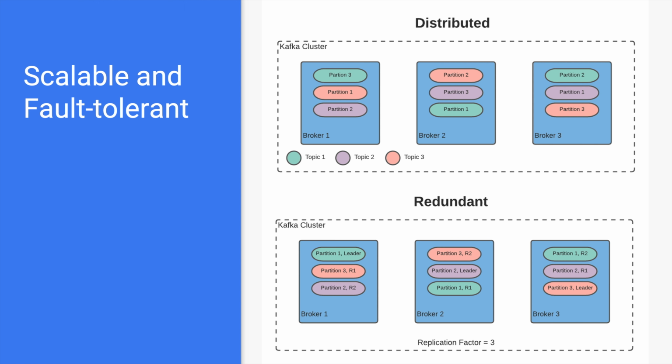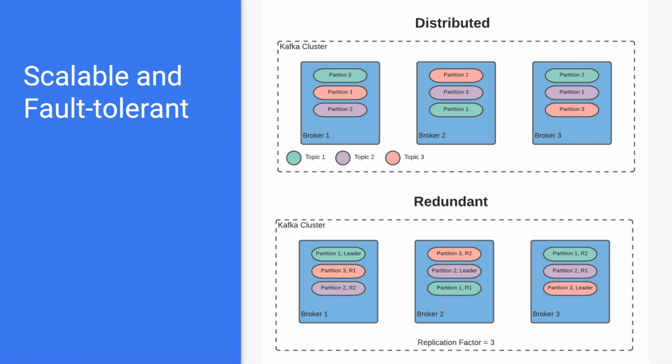Instead of forcing these brokers to scale up as the topic size increases, we scale out by distributing the partitions of a topic into multiple brokers, and this significantly improves the I/O and parallelization performance of the cluster. This is what makes Apache Kafka highly scalable.